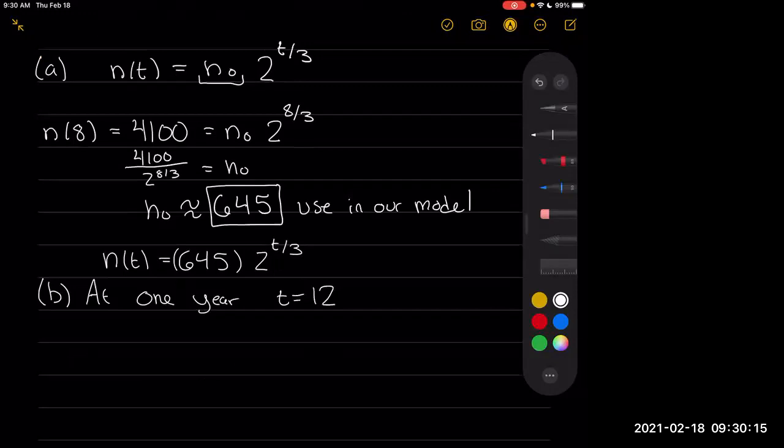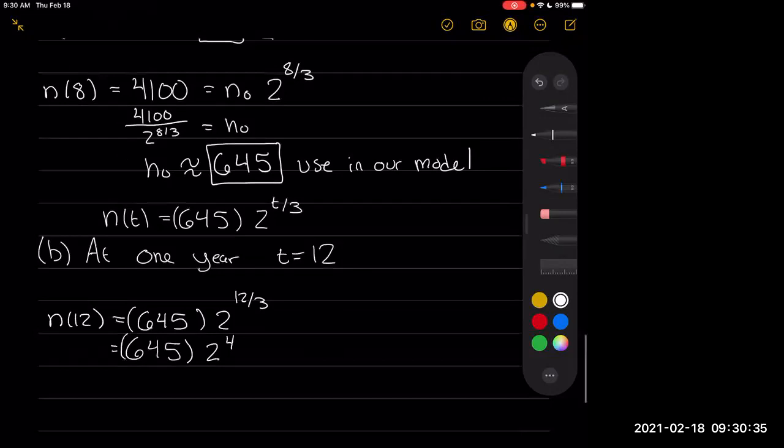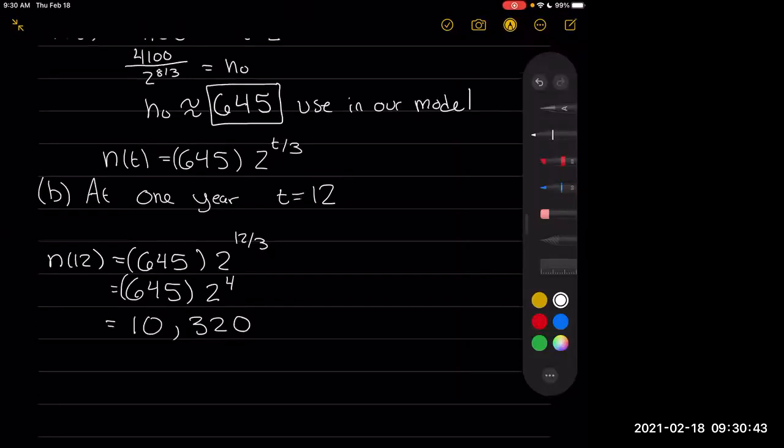So N of 12 is 645 times 2 raised to the 12 over 3. So this gives us 645 times 2 to the 4th. And so then multiplying this out, we will get 10,320. So after about 12 months, there would be this many rabbits.